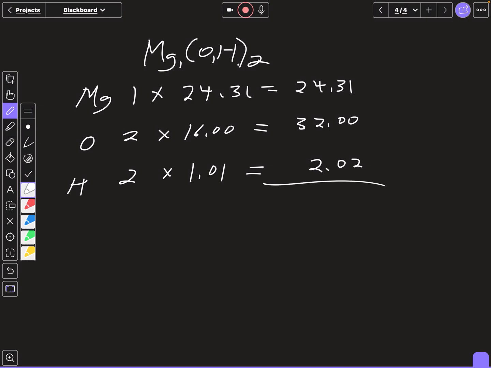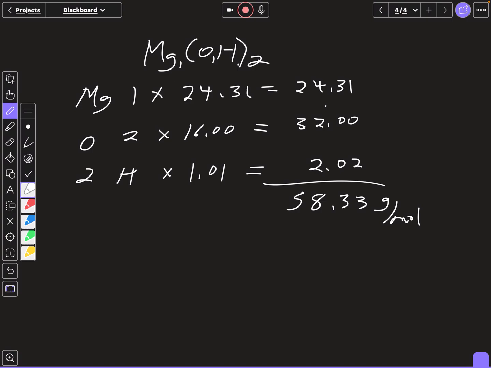And then if I add up the individual masses, that would give me 58.33, and then my units would be grams per mole. So that's how you find molar mass. They all work the same exact way.